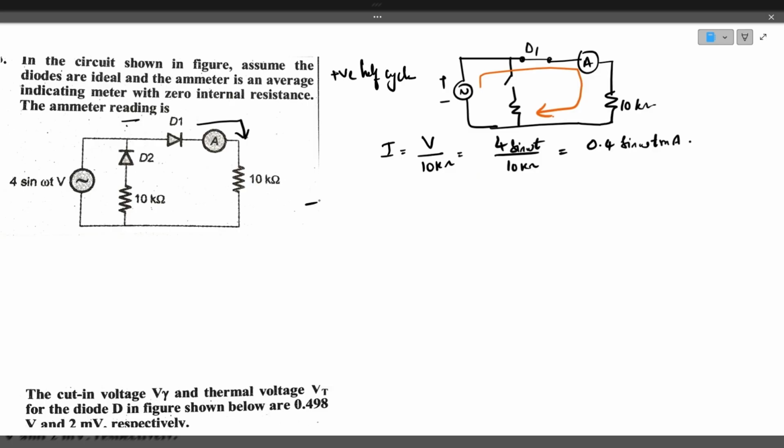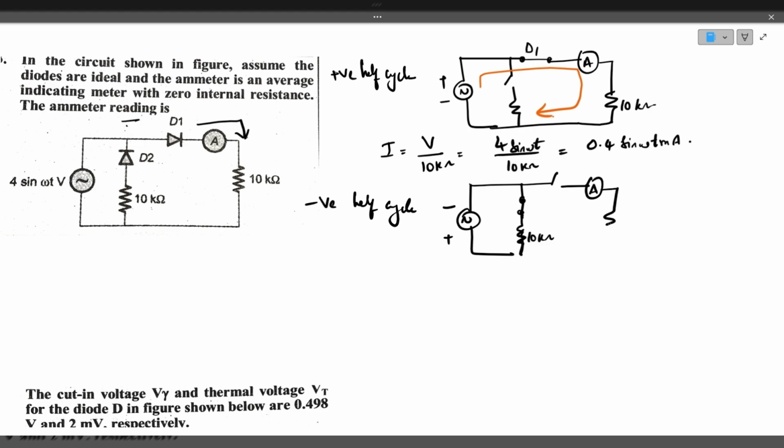During the negative half cycles, what happens? This is minus and plus. Diode D2 acts like a closed switch and diode D1 acts like an open switch. So there is no current through the ammeter here, so negative half cycles cannot be considered.